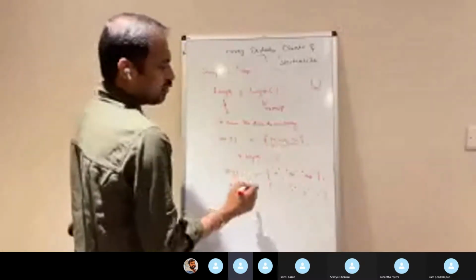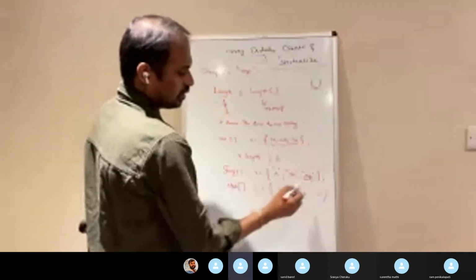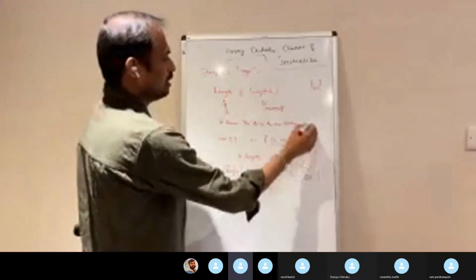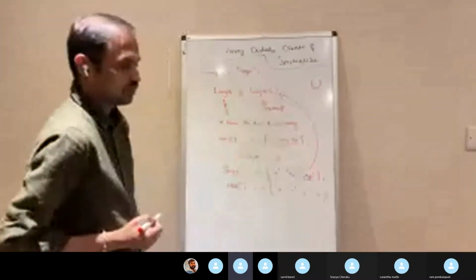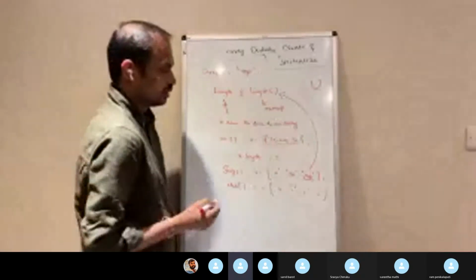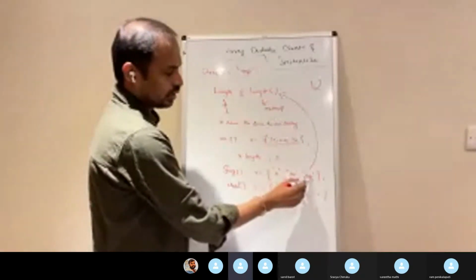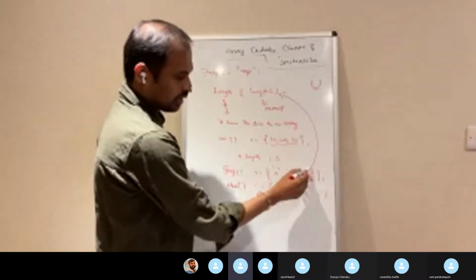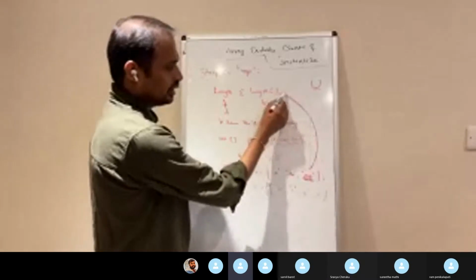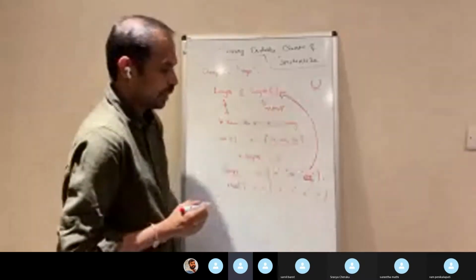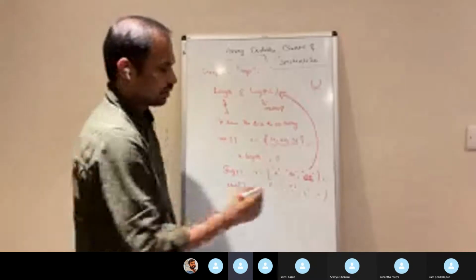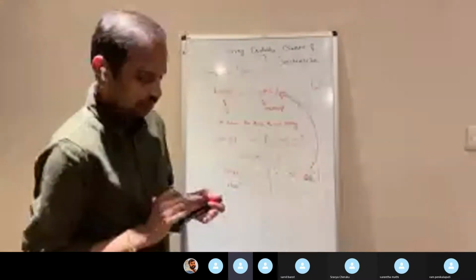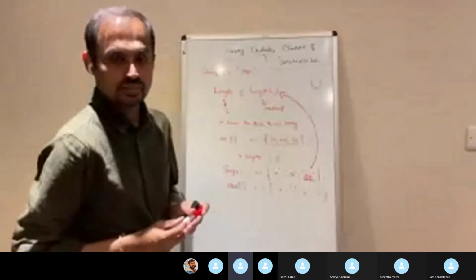So if I want the length of this, then we are going to use the length method. If I want the length of a string, we mainly use the length method to get the string length.